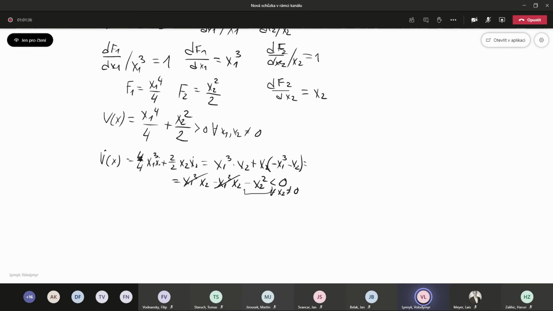We can say that this system is only globally Lyapunov stable.